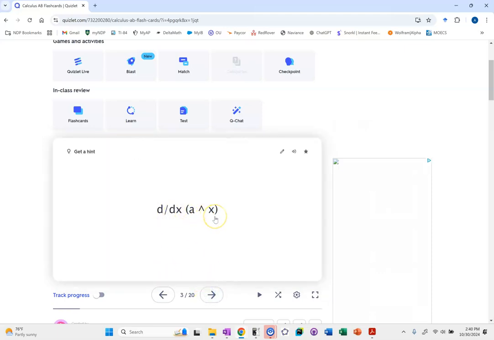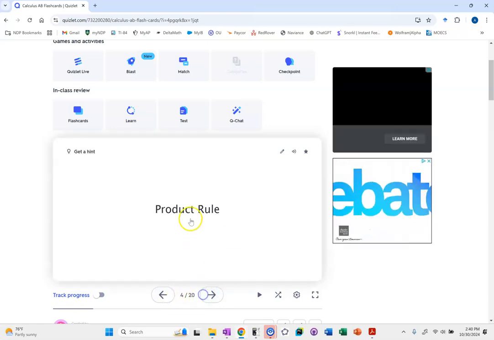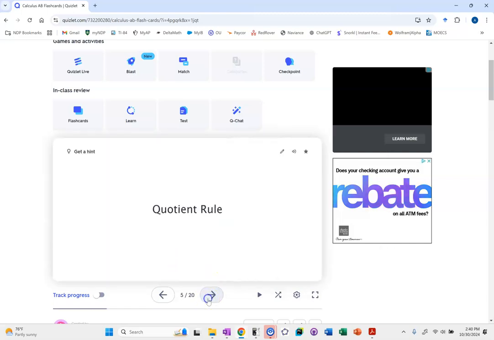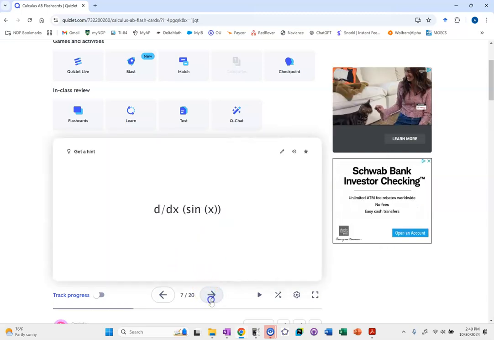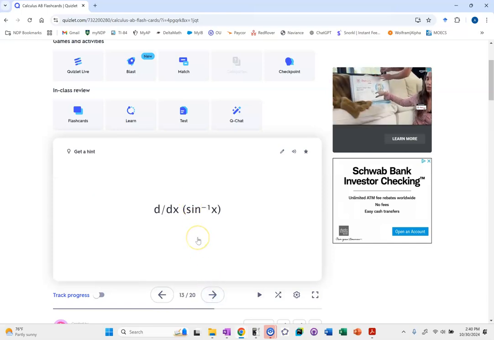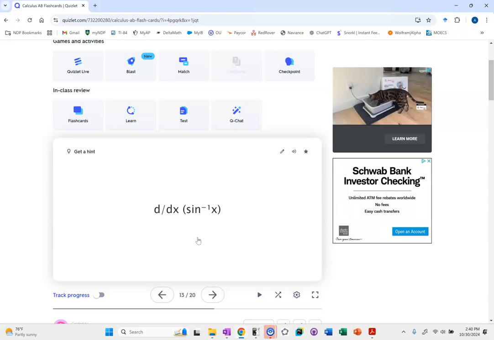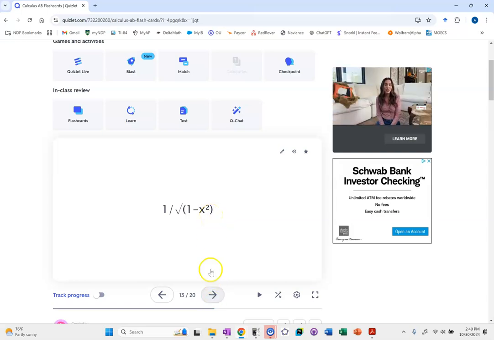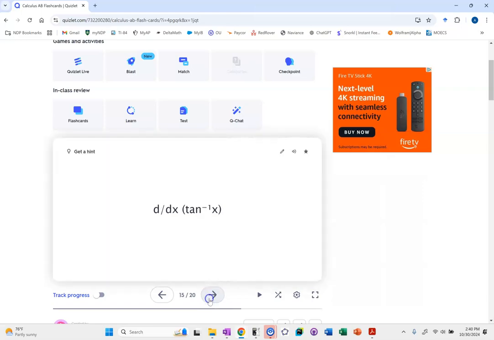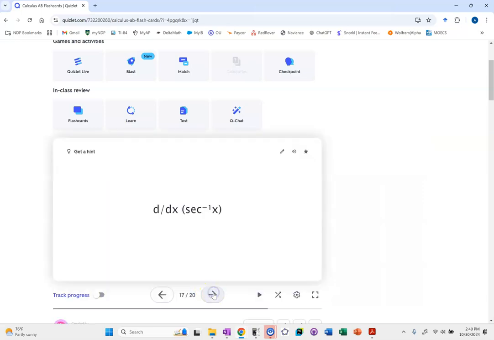The derivative of a to the x is a to the x times the natural log of a. Again, product rule, quotient rule, chain rule, sine, cosine, tangent, cosecant, secant, cotangent. The derivative of sine inverse is 1 over square root of 1 minus x squared. So if you're not familiar with all these, it's time to start practicing.